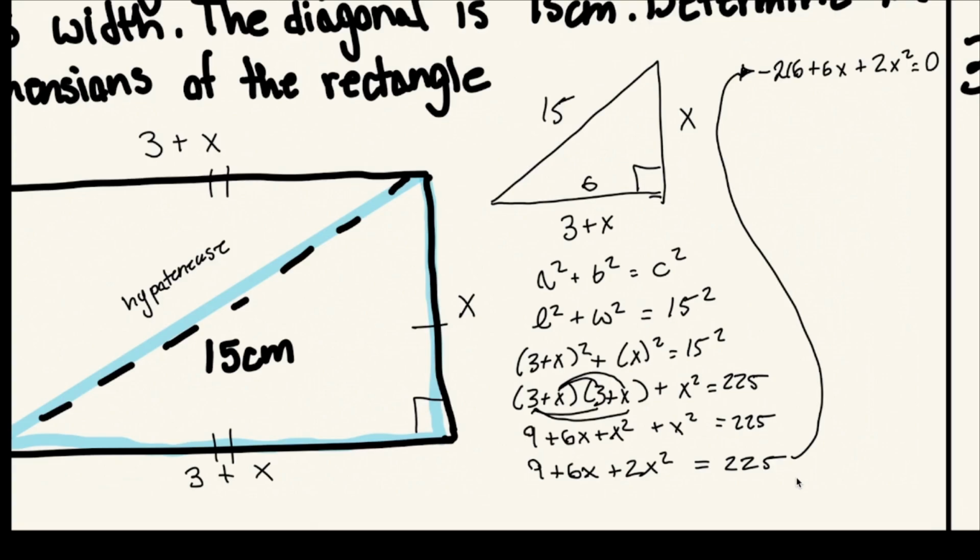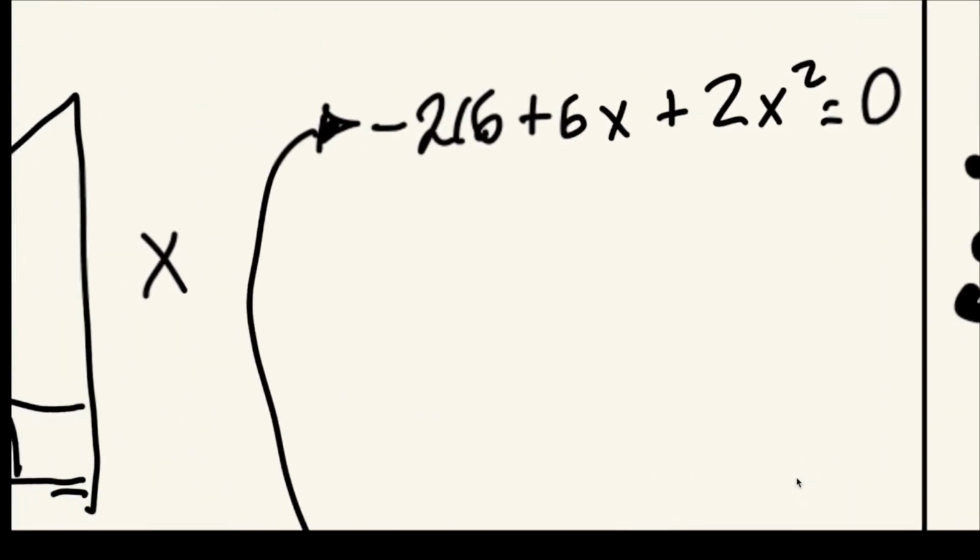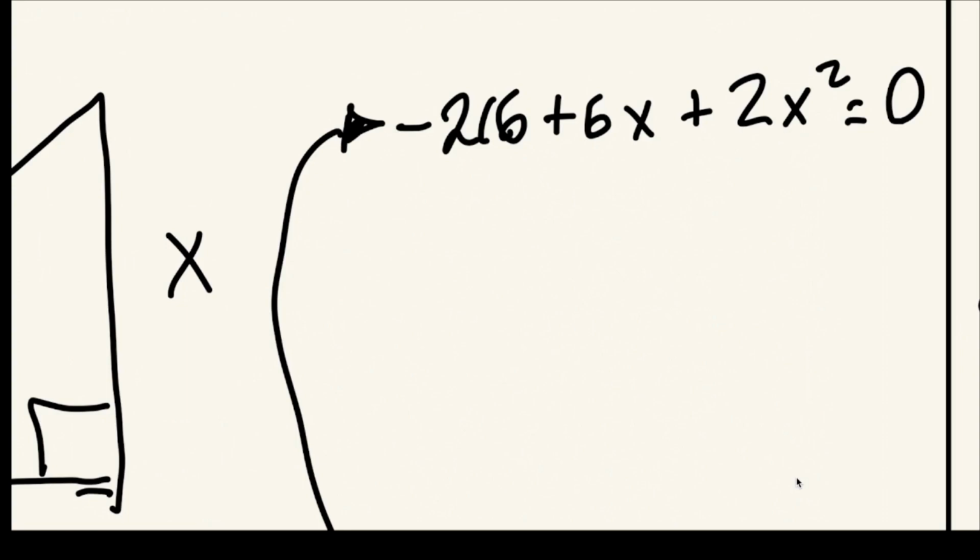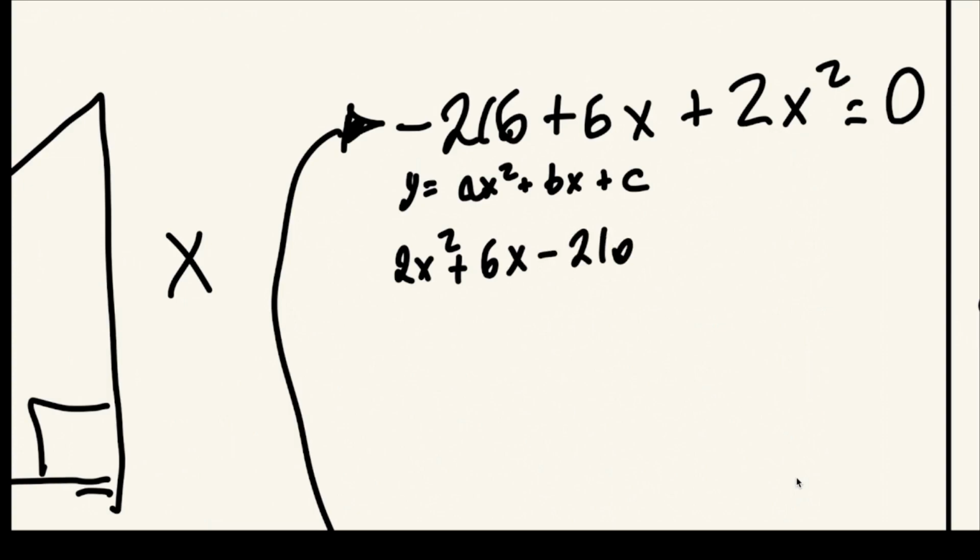And if we want to solve for x, we look at the power of the equation, the power of 2, meaning this is a quadratic. So if we put it into the y equals ax squared plus bx plus c form, we are going to be left with 2x squared plus 6x minus 216 equals 0.